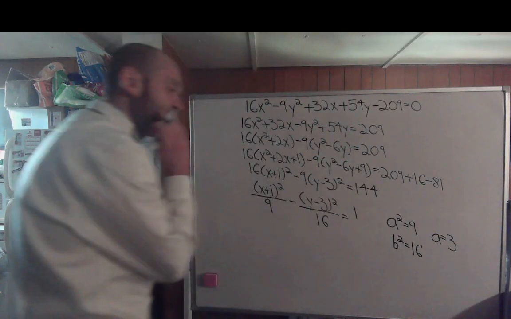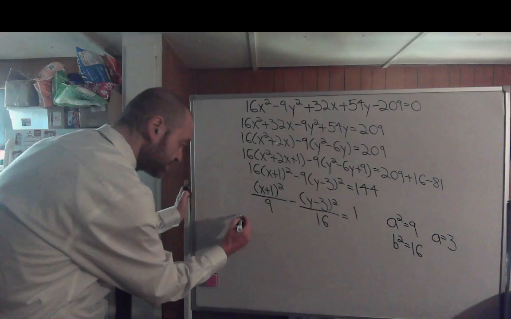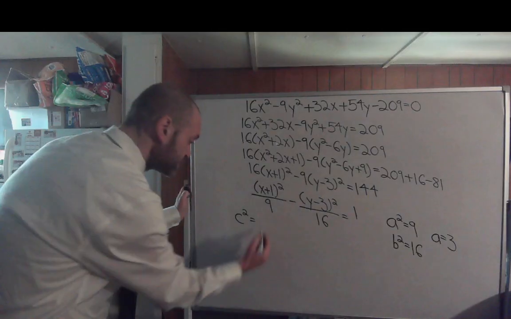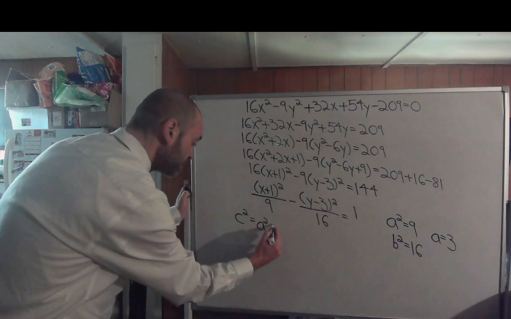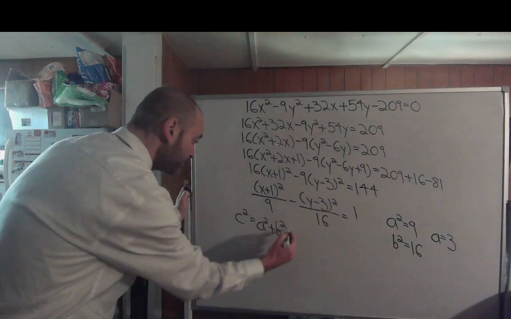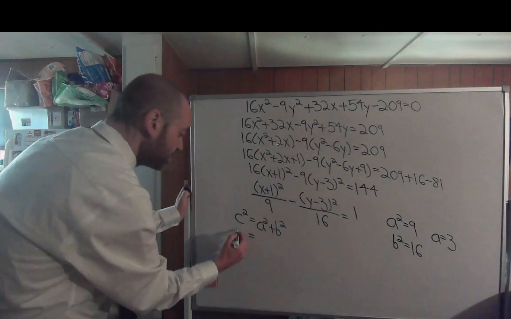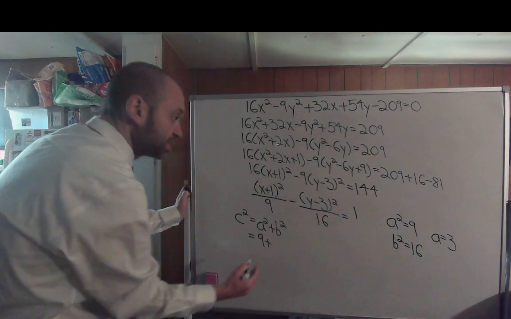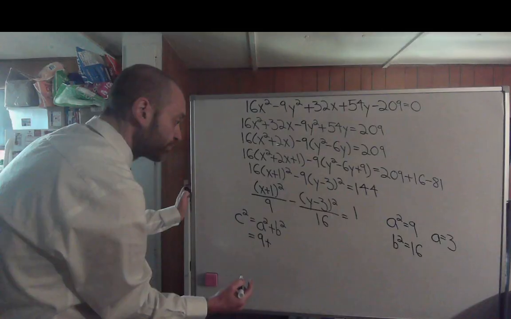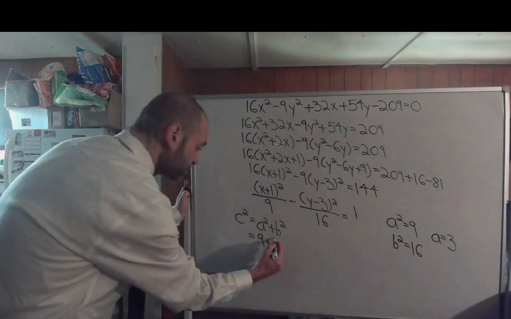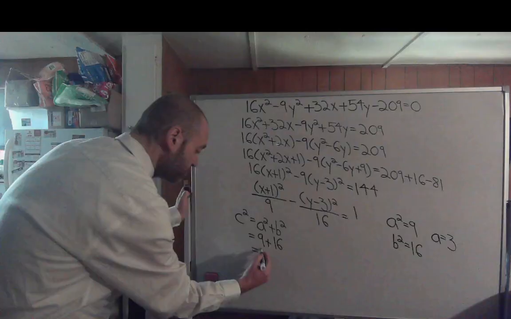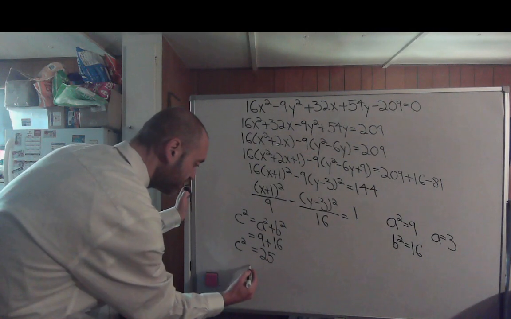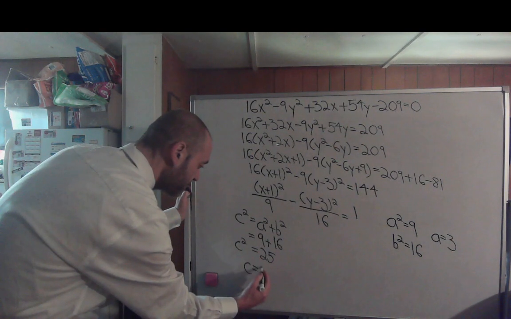We don't need b, we just need b squared, because to find the foci of a hyperbola, c squared this time equals a squared plus b squared. Well, a squared is 9 plus 16 for your b squared, which would give you 25. So c squared equals 25. That means c equals 5.